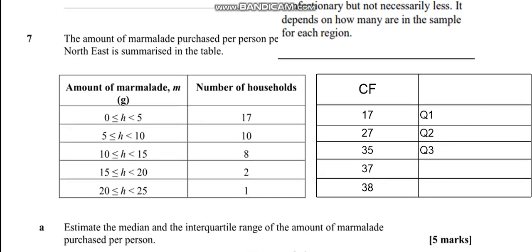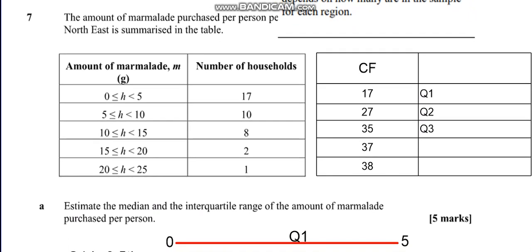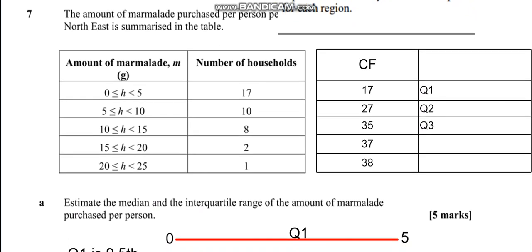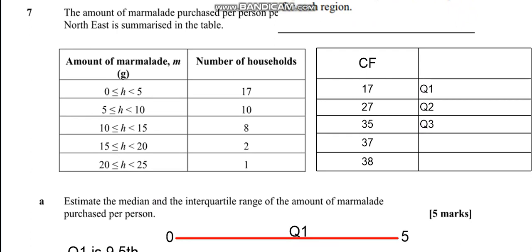So we're then looking at estimating median and quartiles from a frequency table, or grouped frequency table. So first of all, we want to work out the cumulative frequency. So I've done that here to the side. And so if we start with, I think I've started with the lower quartile actually.